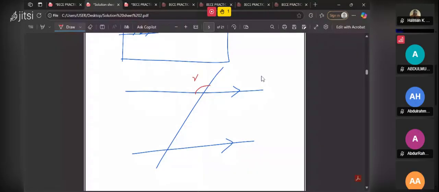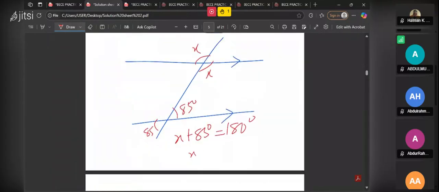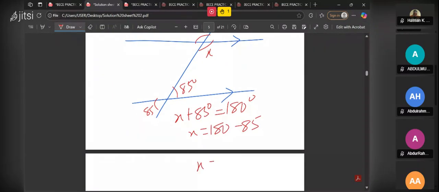So since this one is 85, this one is also X. We can add both of them together. We have X plus 85 degrees equals 180 degrees. So that means X equals 180 degrees minus 85 degrees. So that means X equals 95 degrees.